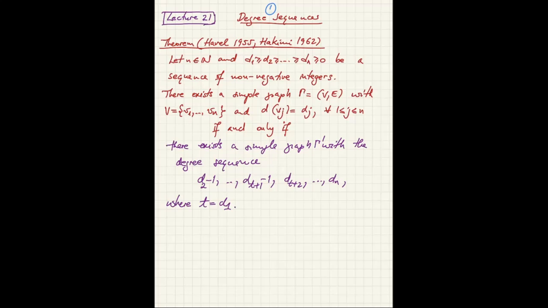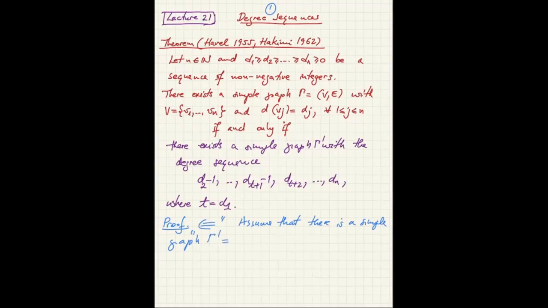Last time, as you may recall, we proved this implication. So I'll quickly go over that argument. Assume that there exists a simple graph. Simple graph means no loops and no multiple edges.